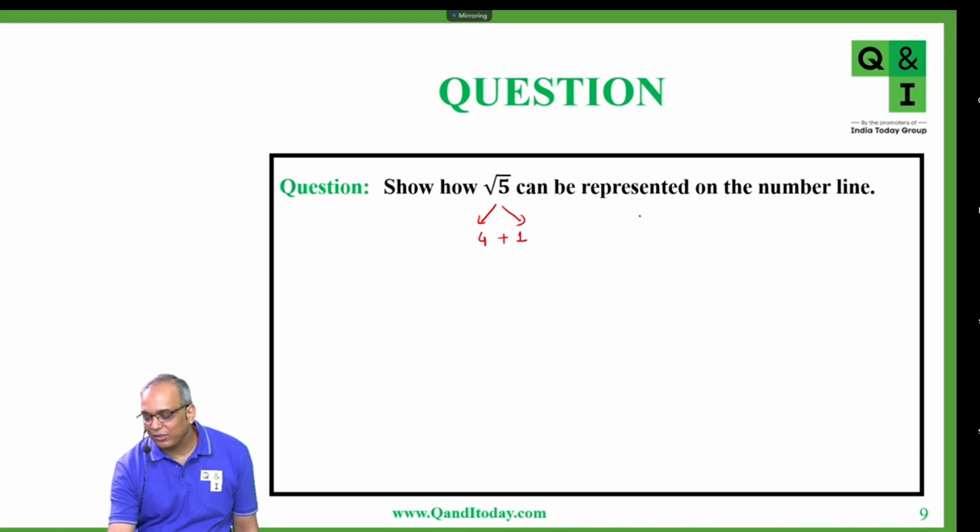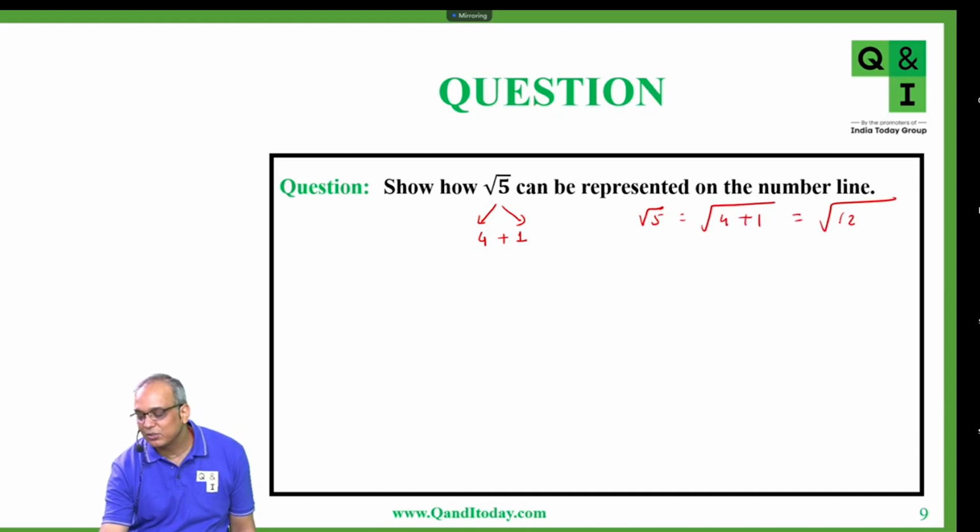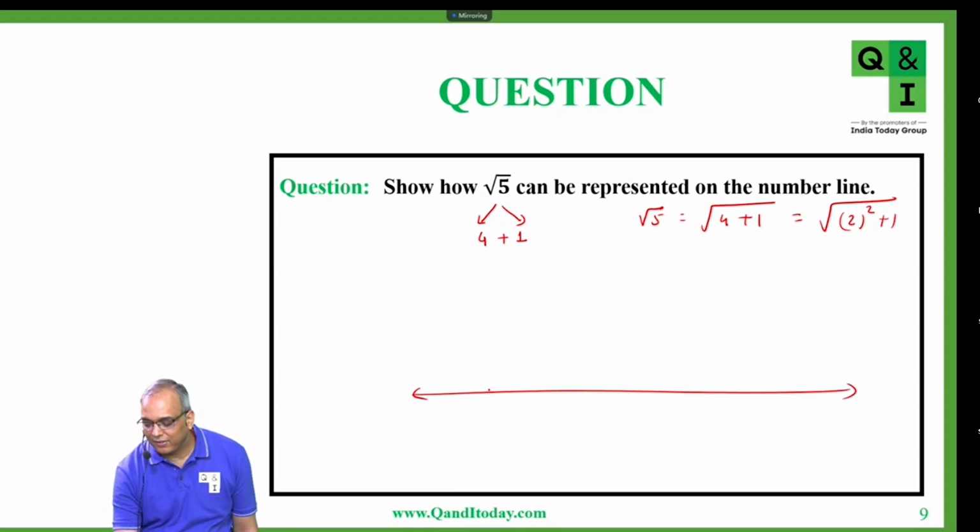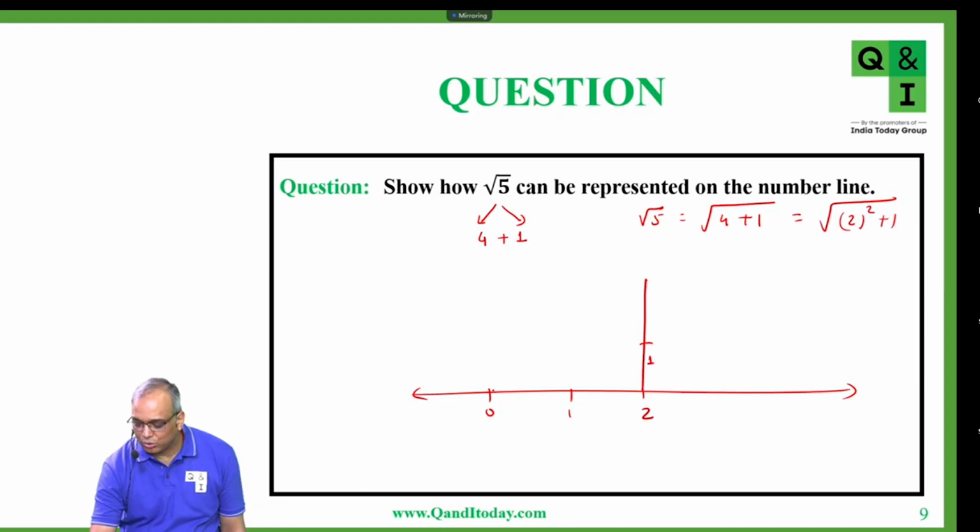So if you write root 5 as root under 4 plus 1, this means root under 2 square plus 1. So that means on a number line, we will take 0, 1 and 2. And then at 2, we will draw a perpendicular and we will cut 1 unit here. Now join this. Okay.